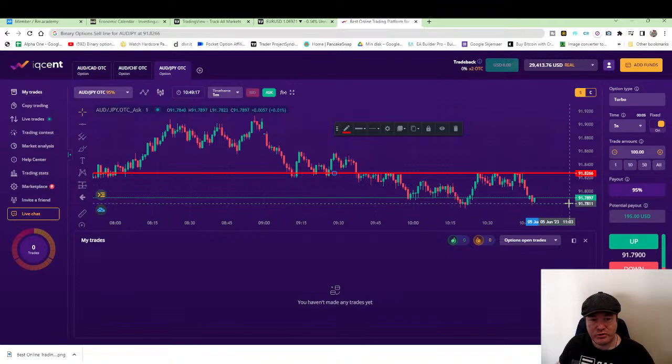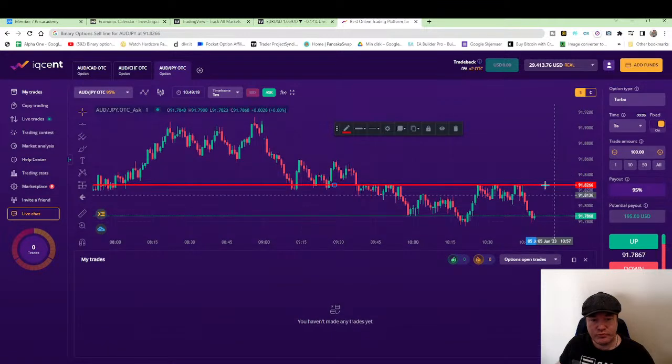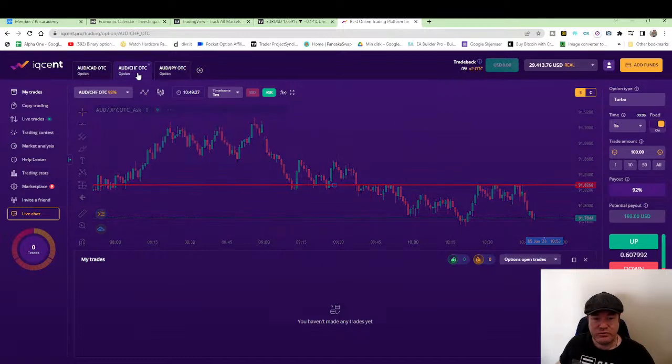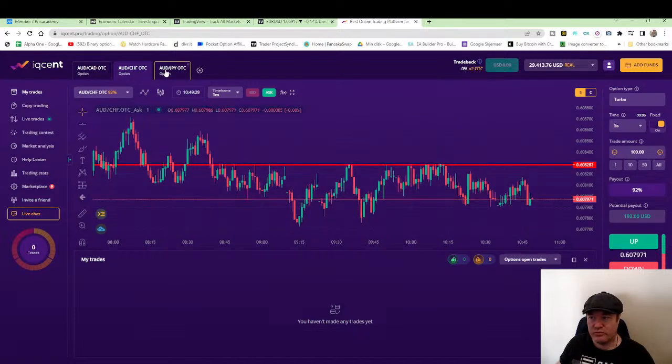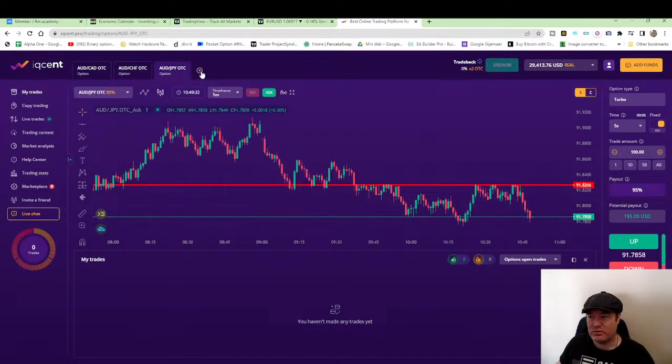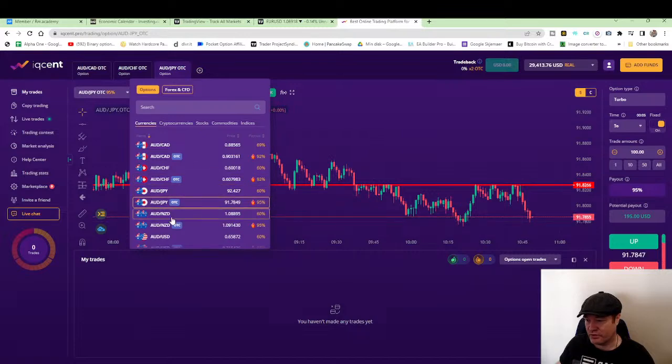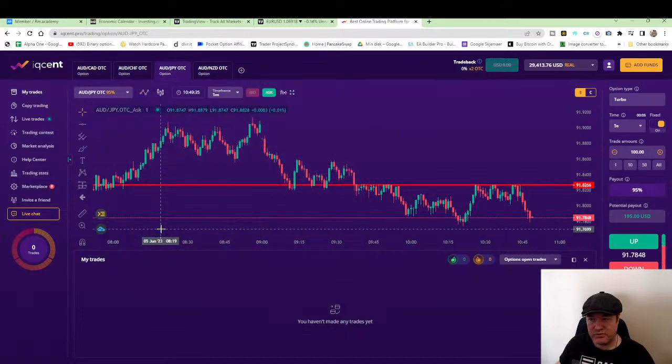So our target is to get up to this red line you see here, and we will do trading. Now let's go back here to see how it looks. None of them are active yet, so that means we can look for a little more. So let's take the next.